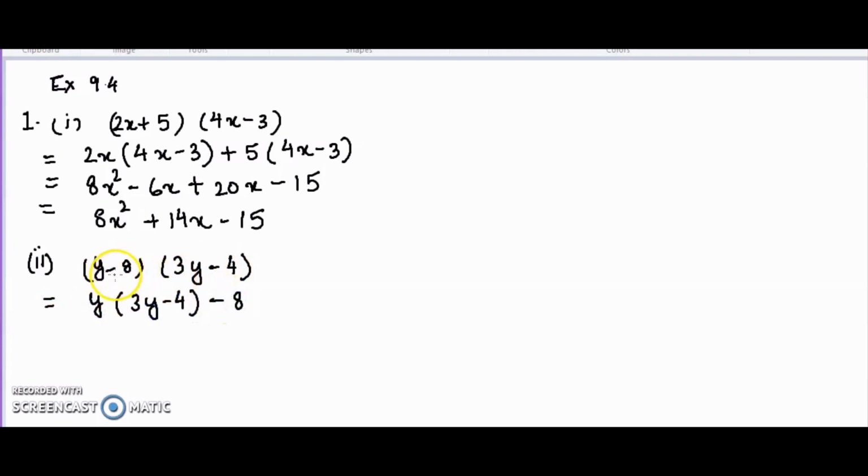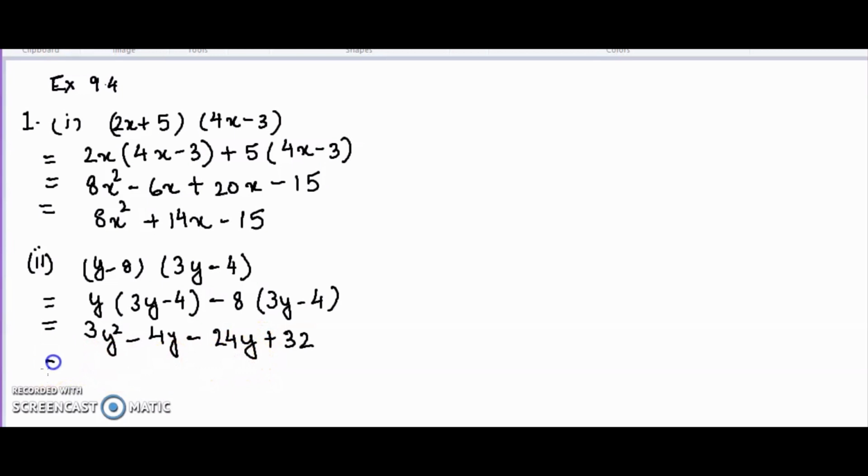Now here since the negative sign was there with 8, so I have written minus 8 into 3y minus 4. Then you will open this bracket. So 3y square minus 4y, minus 8 will be multiplied with 3y, so 24y plus 32. Then you will be combining the like terms.